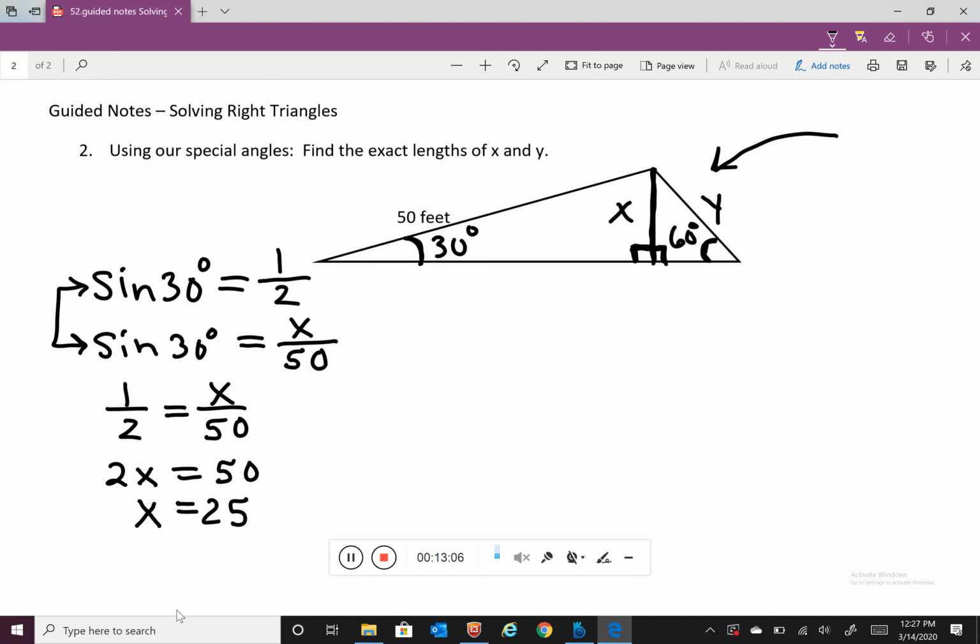So now we know x is 25, and notice x is the side opposite our 60-degree angle, and y is the hypotenuse of this triangle. So we can use sine again. So sine of 60 degrees, that's a special ratio as well.